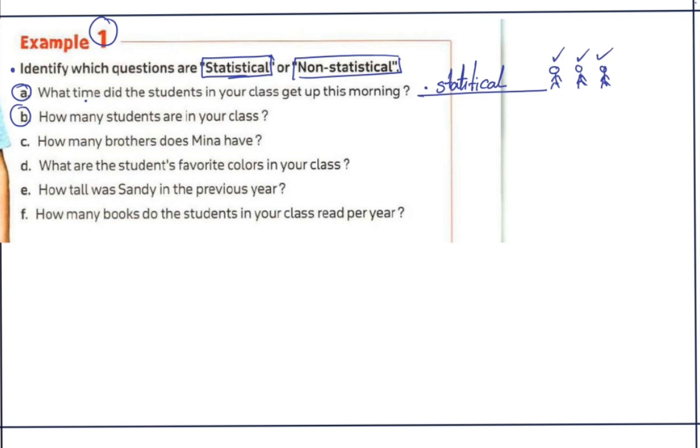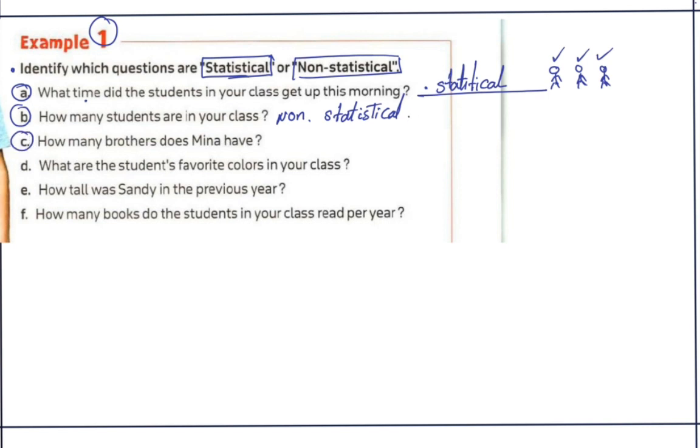It's an exact answer, right? It's constant, like 10 or 20 or 25 students and so on. Now I can decide that this question is non-statistical. You don't have to collect data, right?